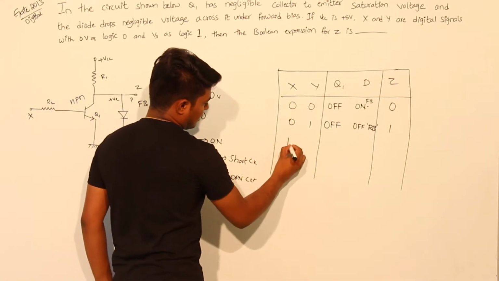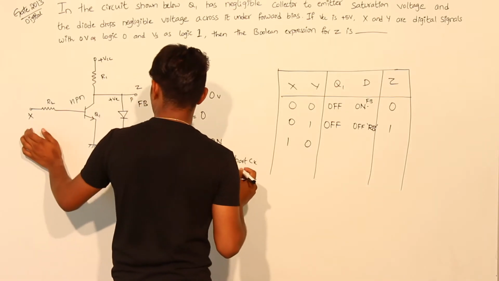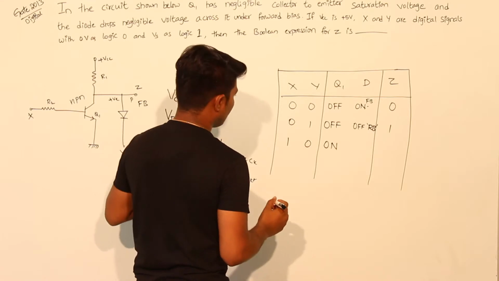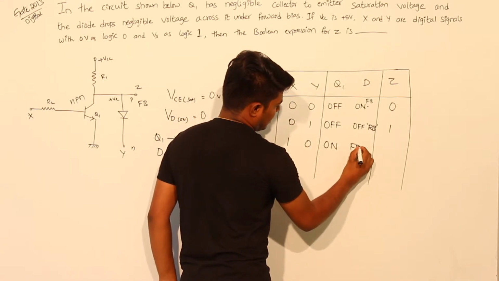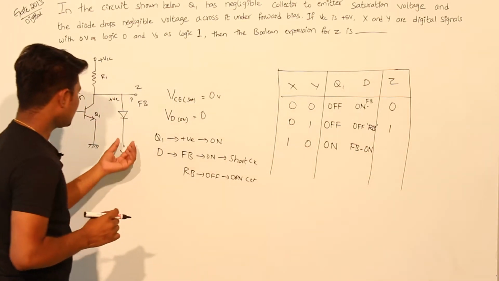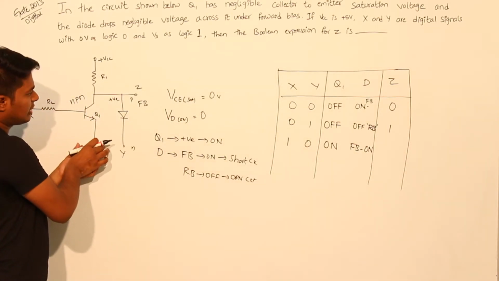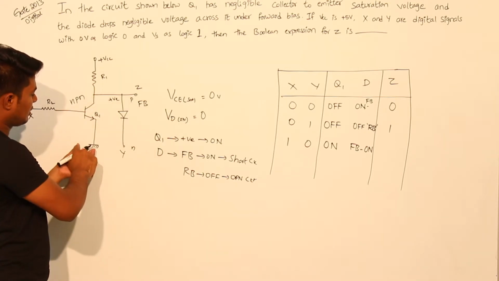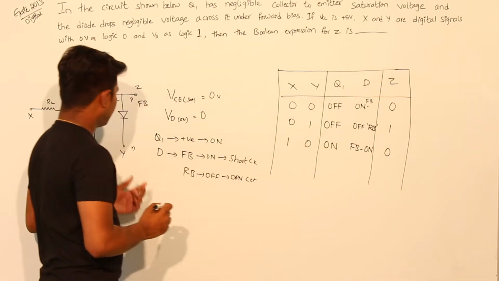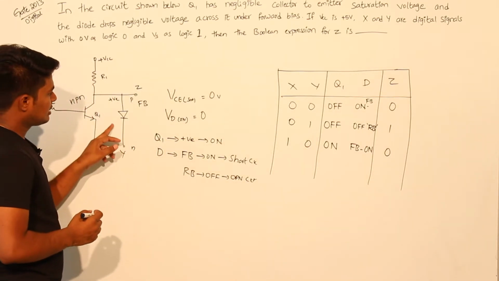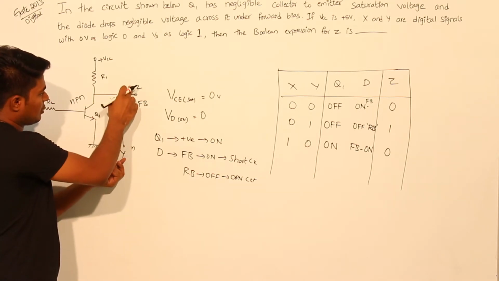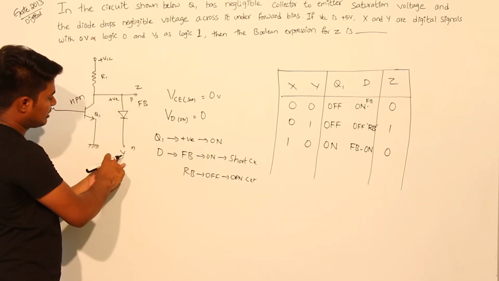Now it is 1, 0. If X is 1, the transistor is in on state. If Y is 0, the diode will be forward bias and act as a short circuit. So if the transistor is on, Z will take the value of ground, which is 0. With respect to the diode also, Y is 0, so it will be forward bias, act as a short circuit, and Z will take the value of Y, which is 0.